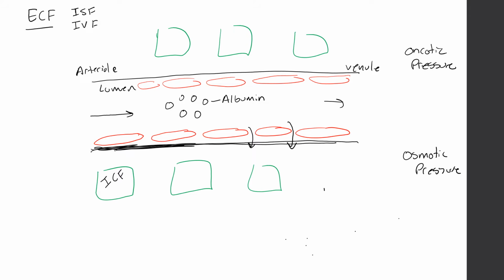So it is impermeable, if you want to look at it this way, impermeable to albumin. So albumin cannot get into the interstitial space. So it's a high concentration in the plasma, in the vasculature, but cannot get into that interstitial space. Therefore, it's impermeable at that barrier.